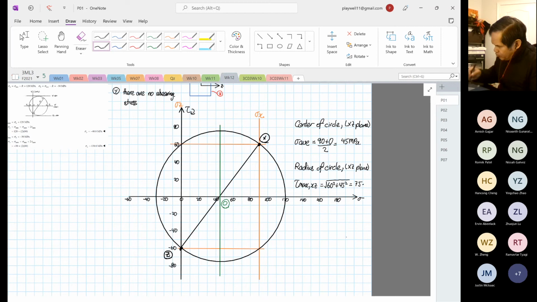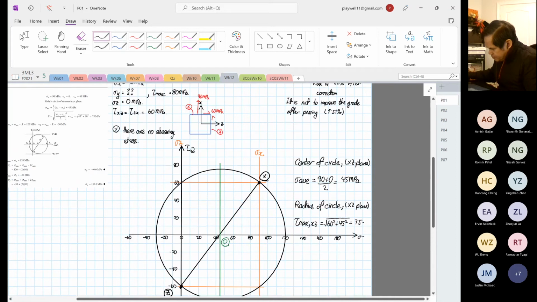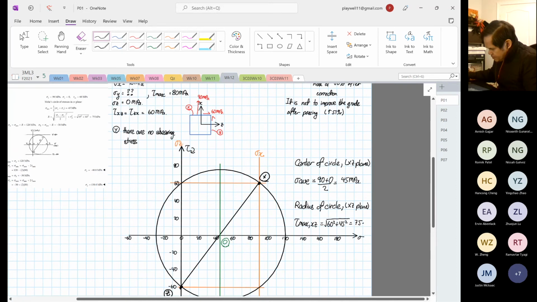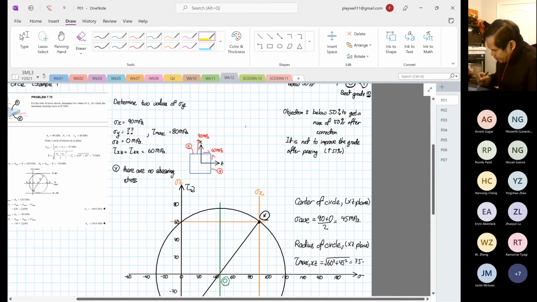So we know what we know, right? What we know is point Y. I'm going to highlight this point. There are no shearing stress, okay?